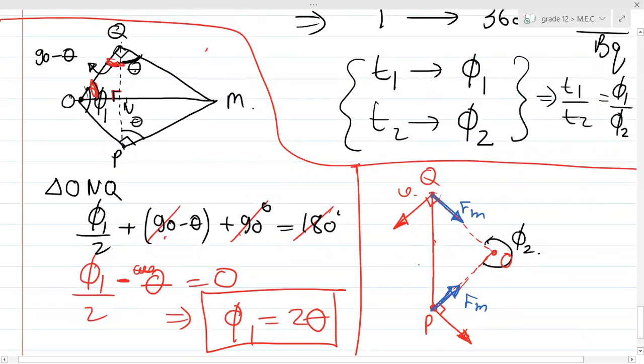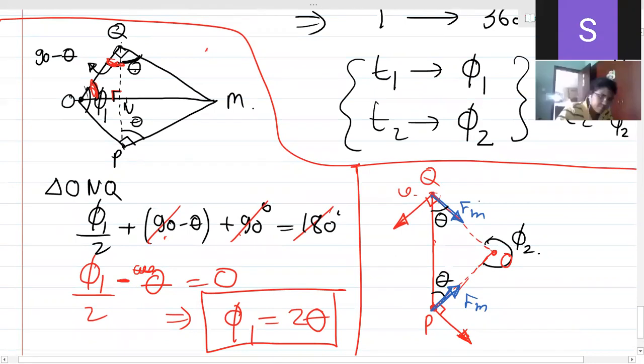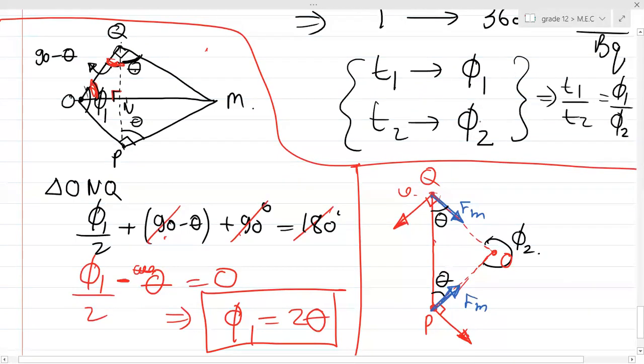They said phi 2. If this angle was phi 2 and this angle was theta and this angle is also theta, right? Yes or no, guys? Will these two angles be theta and theta? Yes.